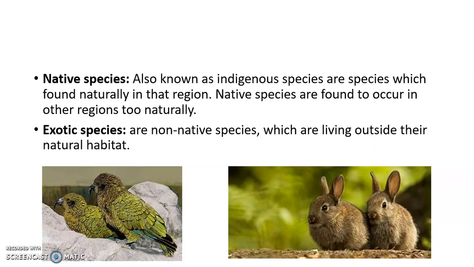So these species are also known as invasive species or introduced species, because exotic species are brought to their non-natural habitat usually by humans, and so they started living there, and that is not their natural habitat, or that is not the region from which they originated. So these exotic species are non-native species or non-indigenous species.